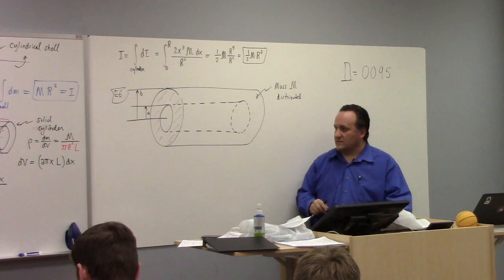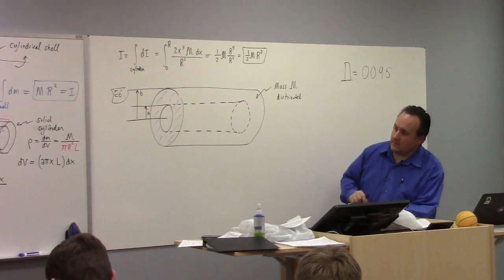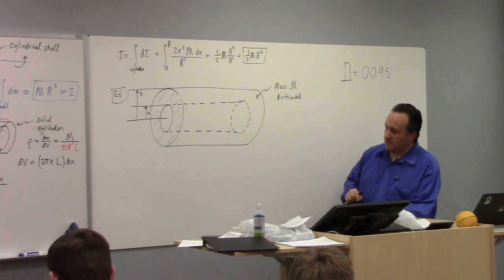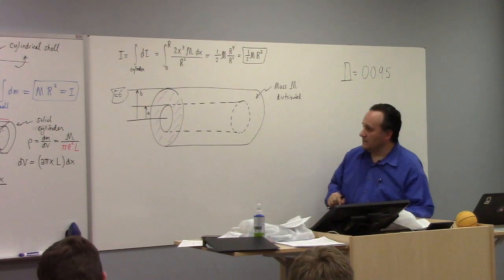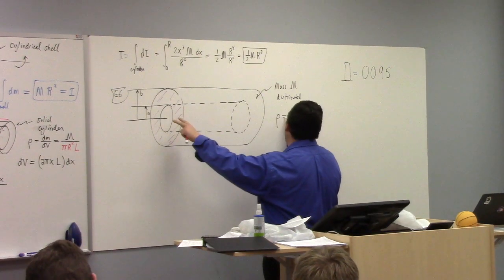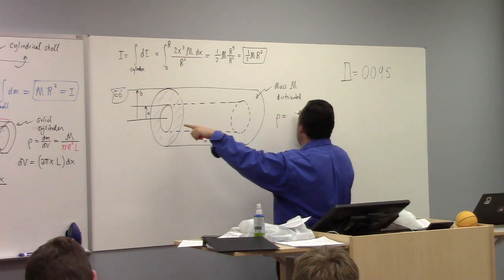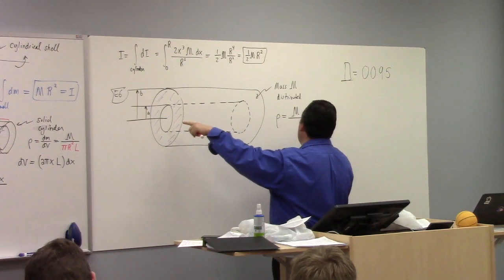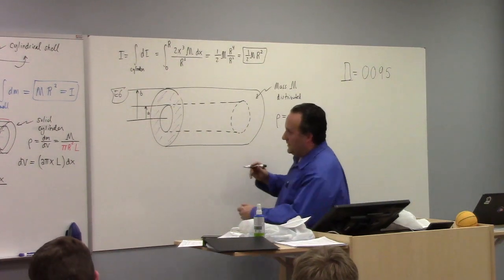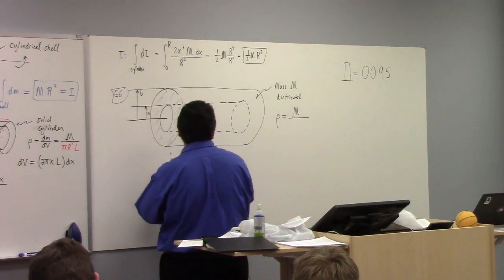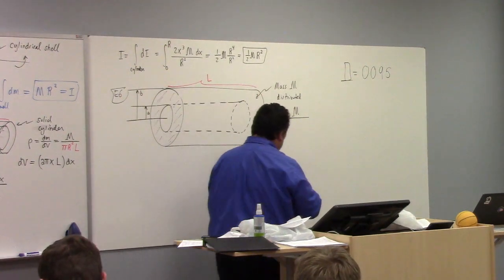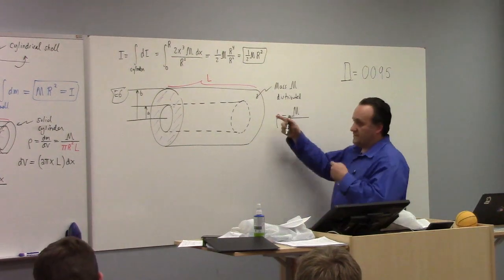And so I think it's easier just to directly mimic the integration there. The thing which is slightly more complicated is that the volume of this is what? So the density would be the total mass divided by the total volume. What's the total volume here? Again, I'm saying that this distance is L. So what's the volume?